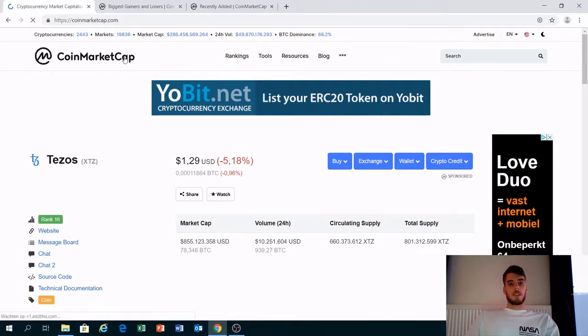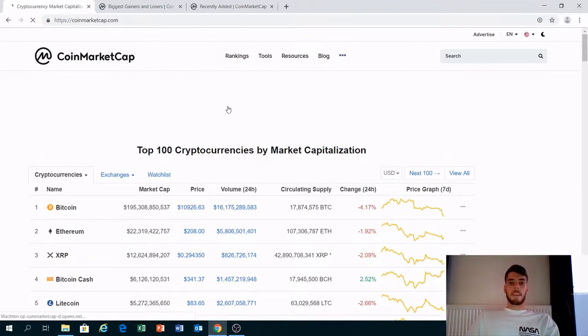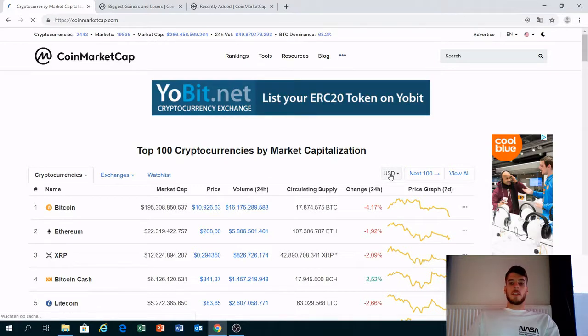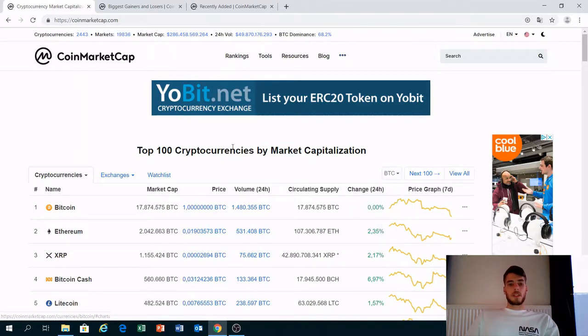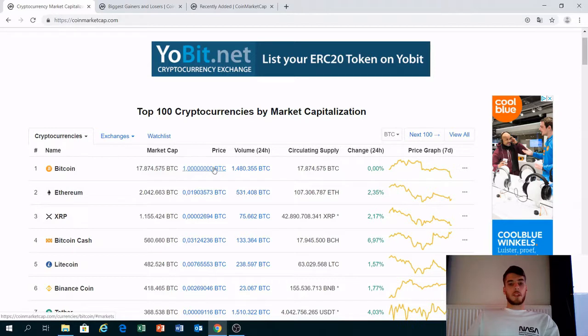Now if you go back to home, you can here also see the currency. So it's now at US dollar, but if you like, you can switch it to Bitcoin. So now one Bitcoin is obviously one Bitcoin. You see the volume in Bitcoin, of course, and you see the price of the coin in Bitcoin.